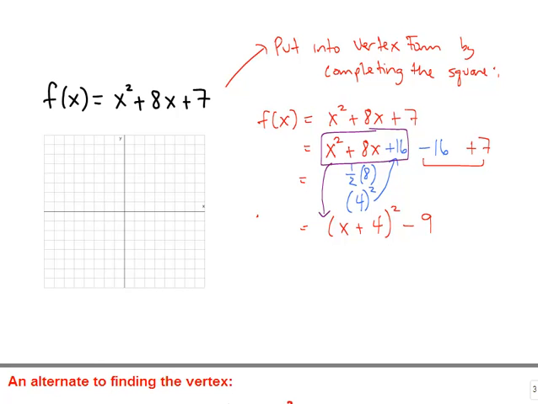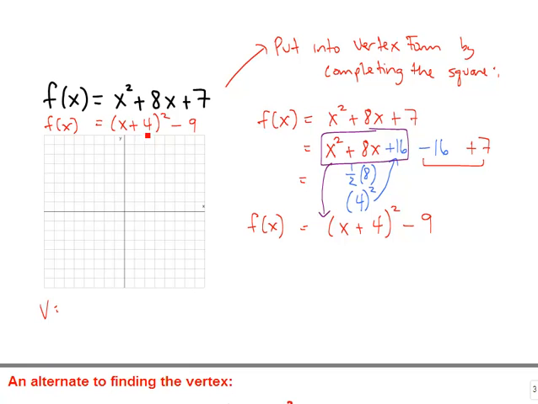So look at what we've done. We've taken x squared plus 8x plus 7, and we've rewritten it as x plus 4 quantity squared minus 9. Notice that that is our vertex form. It should be very obvious from here what your vertex is.